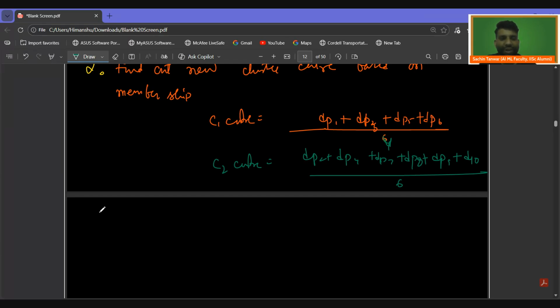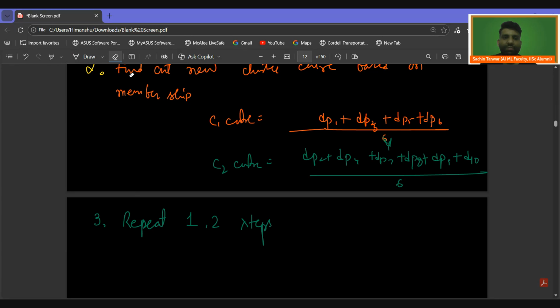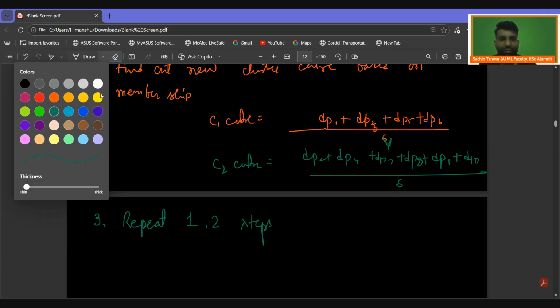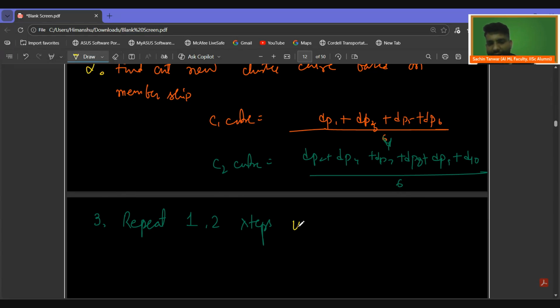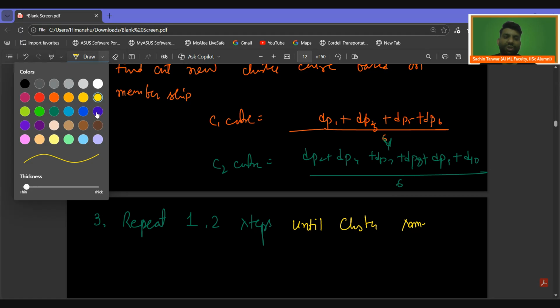Now, what would keep on happening? The third step is to repeat steps 1 and 2 until the cluster centers do not change.